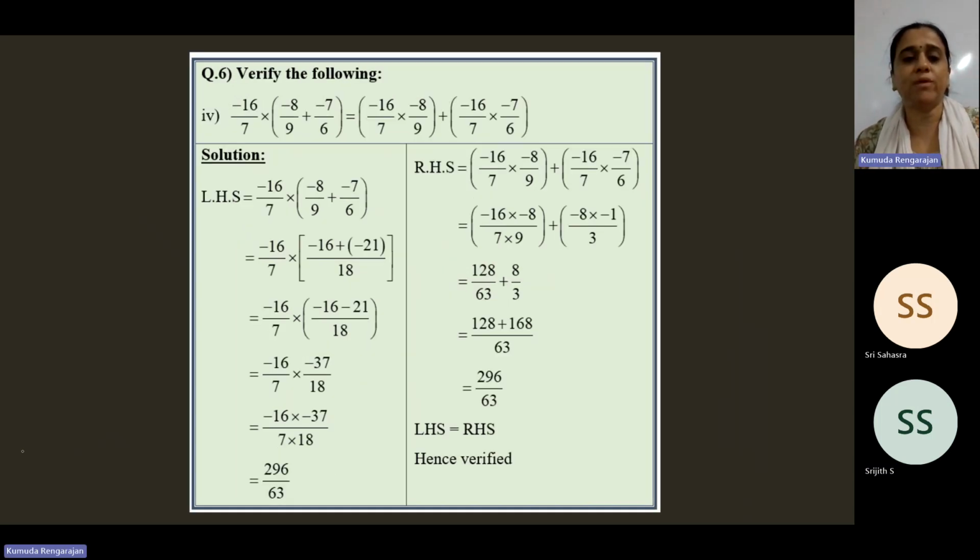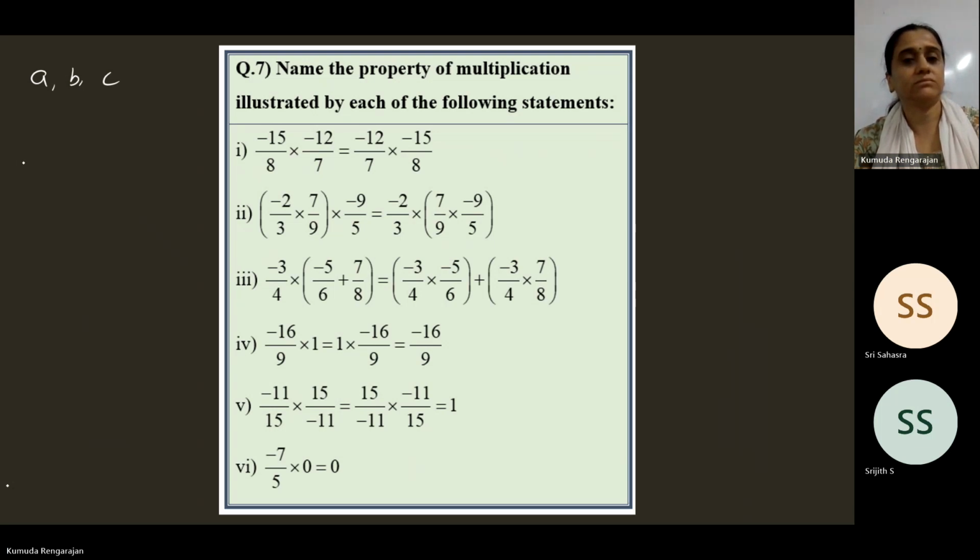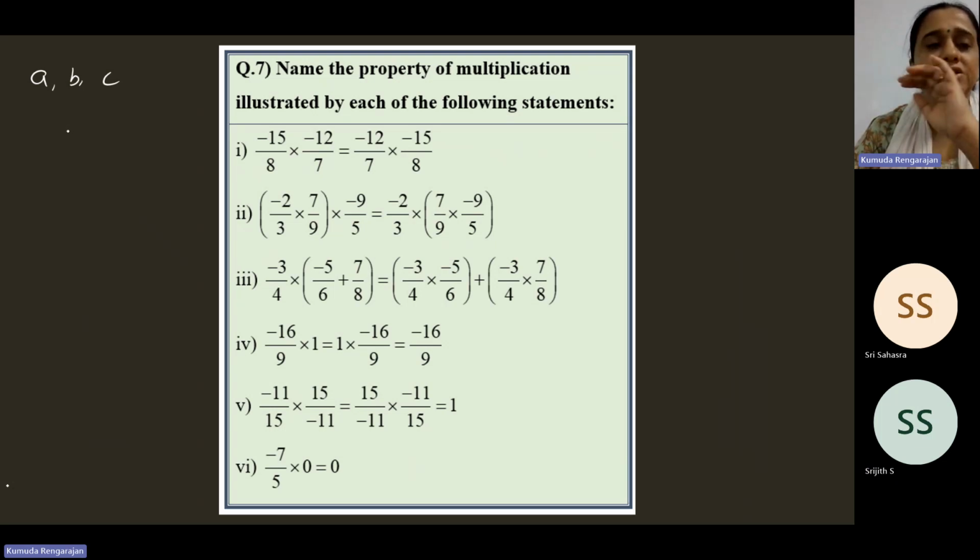So tell me the property in general. How will you state the property in general using the rational numbers A, B, and C? No, leave that question. In general, how will you demonstrate the distributive property using the rational numbers A, B, and C? Okay, I'll start, you complete.